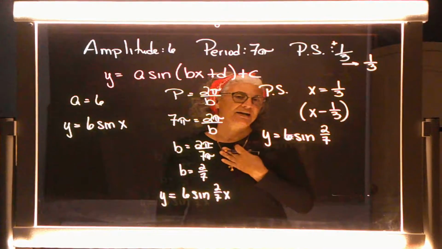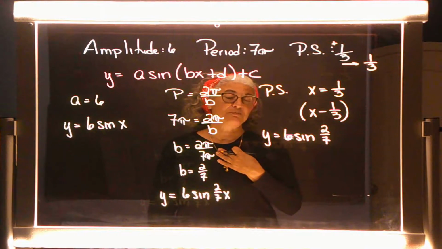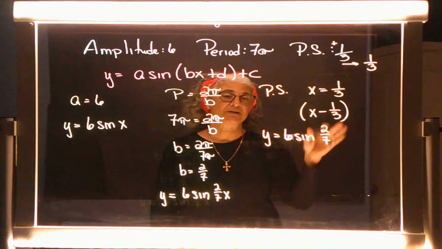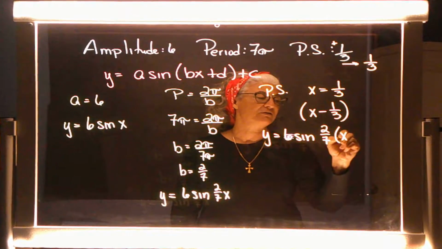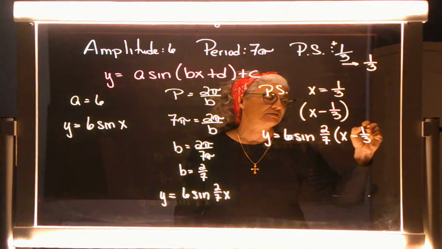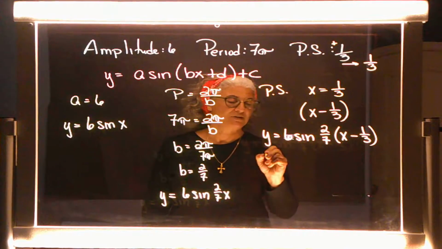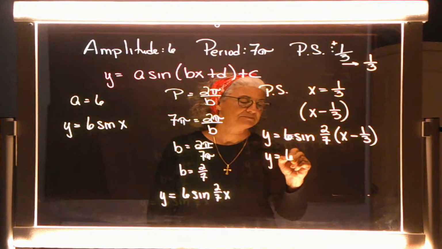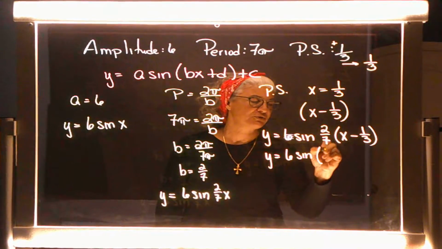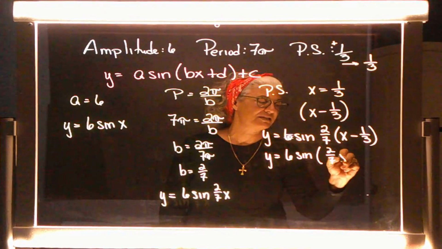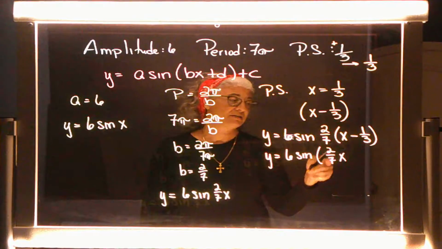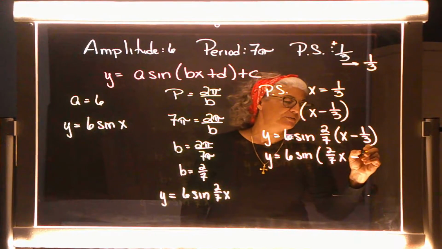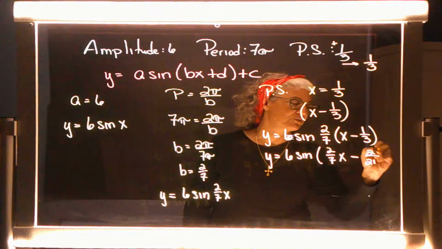Now, the way I have found to be the easiest and the most straightforward way of incorporating the phase shift is to have 2/7 in front of the phase shift parenthesis. And then when you distribute, the 2/7 will be distributed inside. Notice the 2/7 is the coefficient of x, right? But when you distribute it to the 1/3, it becomes 2/21.